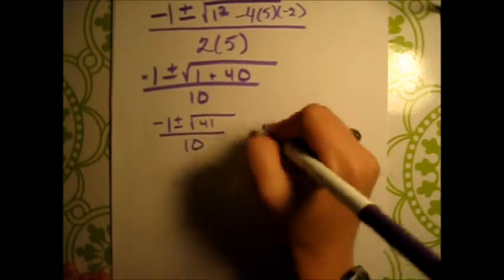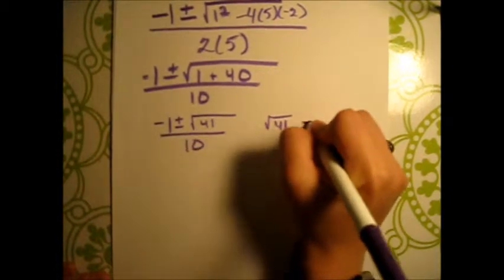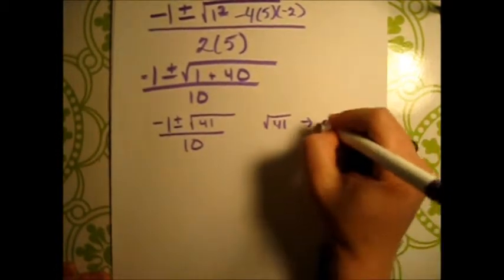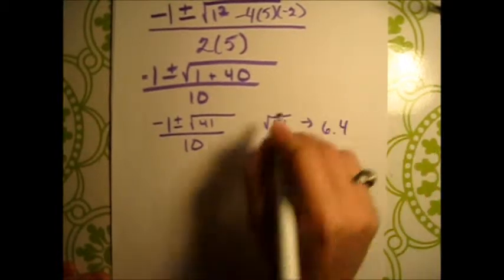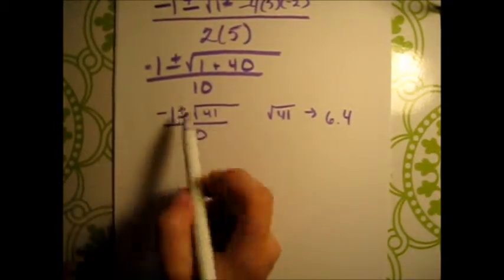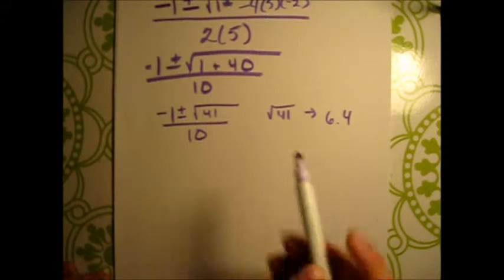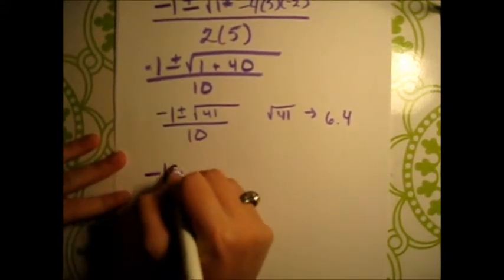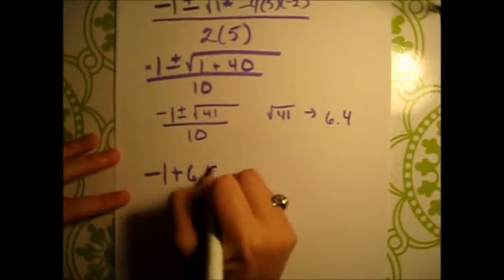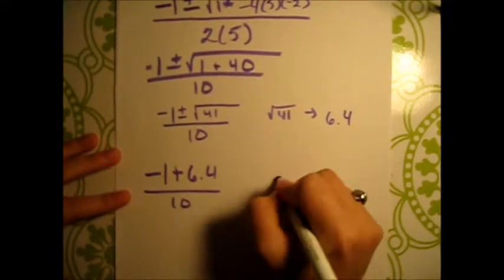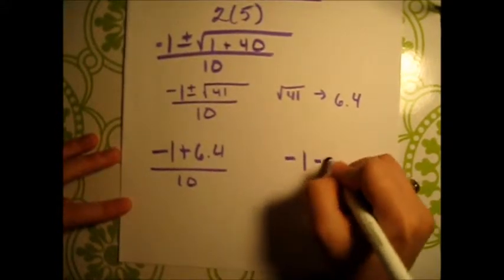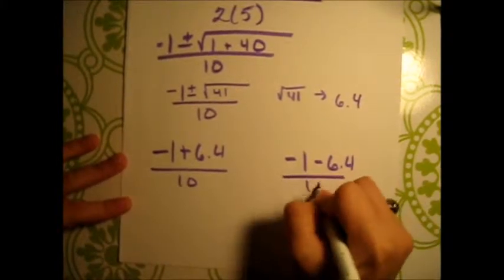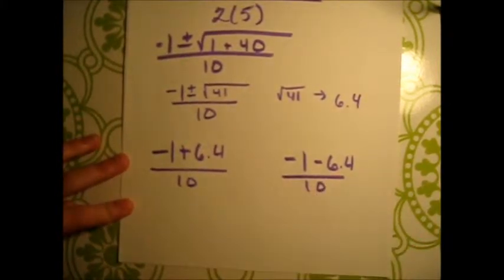Now, we're going to find that the square root of 41 is, we're going to say 6.4. Okay? So then we're going to split this plus or minus into 2, so we get 2 different answers. So we're going to get negative 1 plus 6.4 over 10. Then you got negative 1 minus 6.4 over 10.